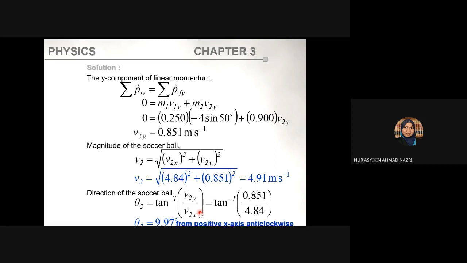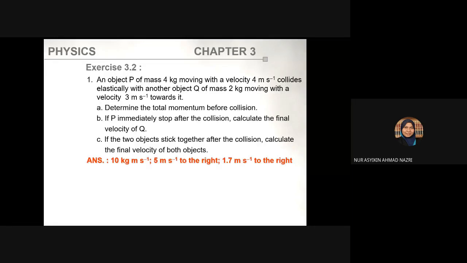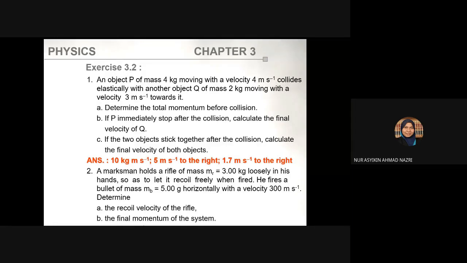Again, please don't just leave it like that. Please explain where the angle is. Alright, so it's now in the exercise, then finish.